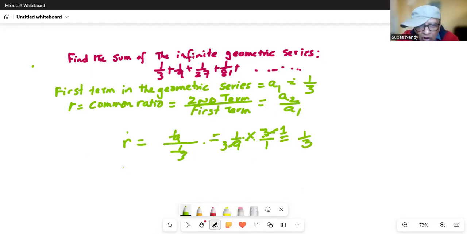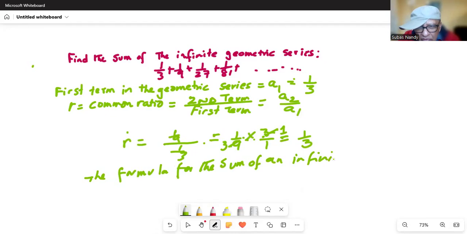Now the formula for the sum of an infinite series is S. S is the sum.